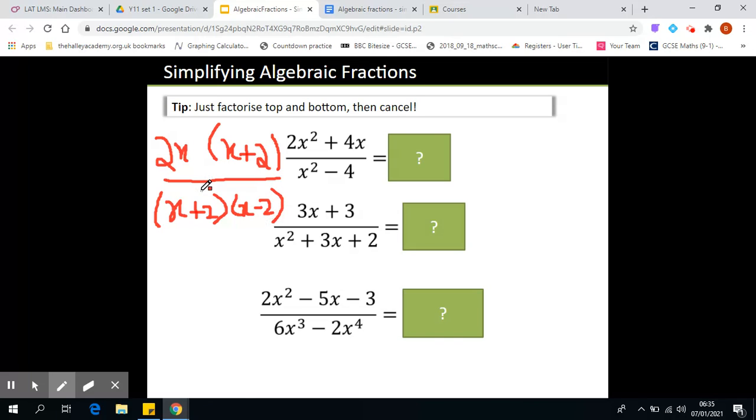As you can notice, x plus 2 is the common factor which can be cancelled by dividing by x plus 2 on both sides. Based on the previous step, they are not trapped by square roots and it's not cancelling just individual terms. Hence, the answer is 2x over x minus 2.